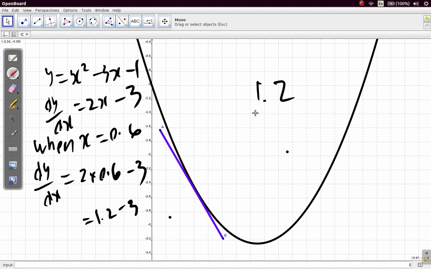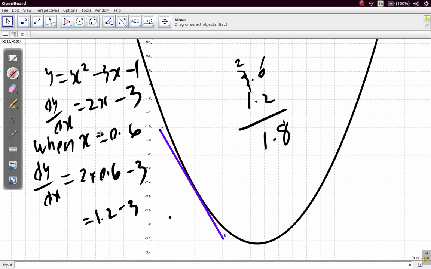We're going to have 3 minus 1.2, and then we'll have a negative value for it, because 1.2 minus 3 is a negative number. But let's say 3 minus 1.2. So you work this out, and you get 1.8 is the gradient of this curve at this point, 0.6.